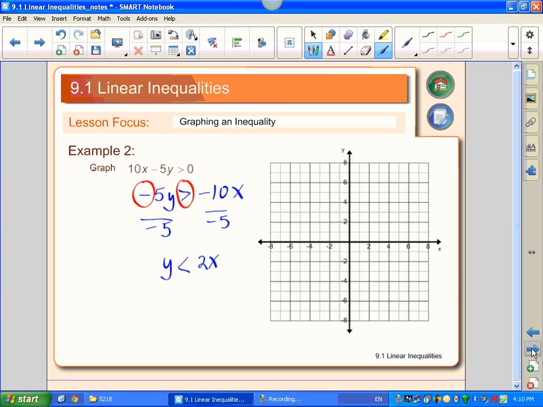Okay, well, what does this look like? What are the points? Well, I have that my y-intercept is 0. In case you haven't realized it, there's nothing listed. There's a 0 there. So my y-intercept is 0. My slope is 2.